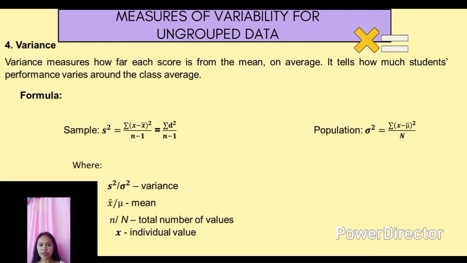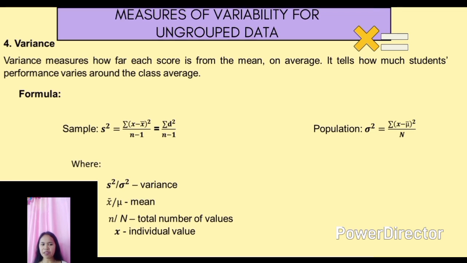We have different formulas used for calculating variance depending on whether you have the data from a whole population or a sample. These are the sample variance and population variance. For sample variance, we have the summation of the square of the difference of x minus x bar, all over n minus 1.